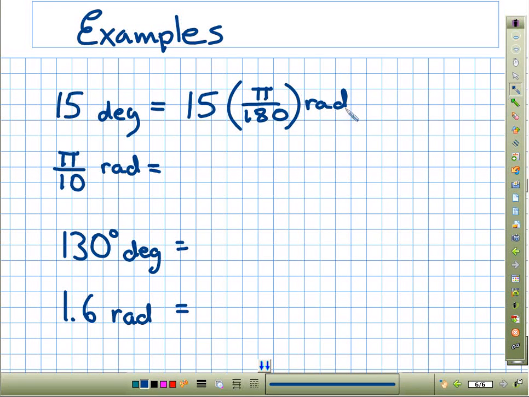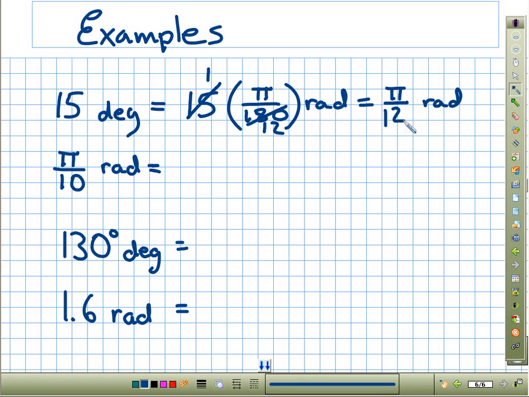Now, how many times will 15 go into 180? Will it go 12 times? Yes. Okay. So this is going to be pi over 12 radians. Okay. Any questions about that? In other words, you just kind of simplify them.